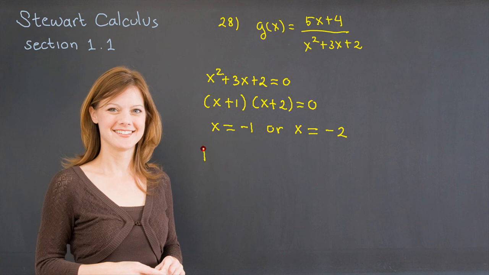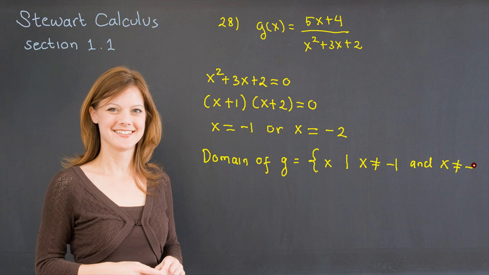So the domain of g is the set of all numbers x such that x is not equal to -1 and x is not equal to -2.